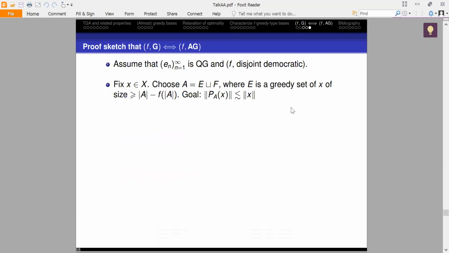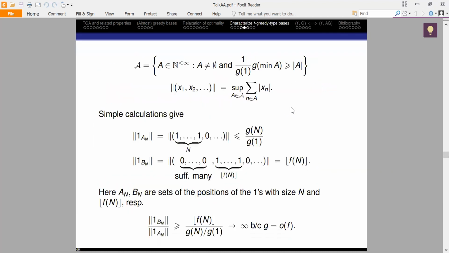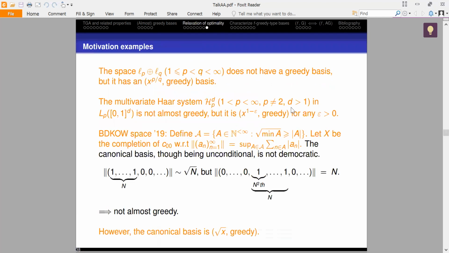I think what you are talking about might be related to this. So the Haar system here, the H^p_d. This is basically a tensor product of a bunch of the Haar system in one dimension.